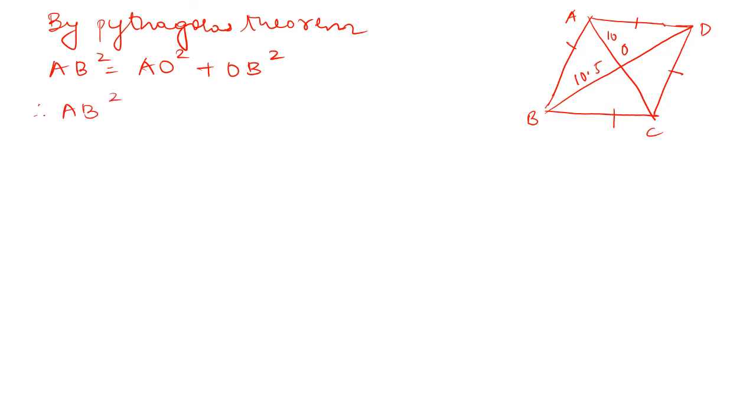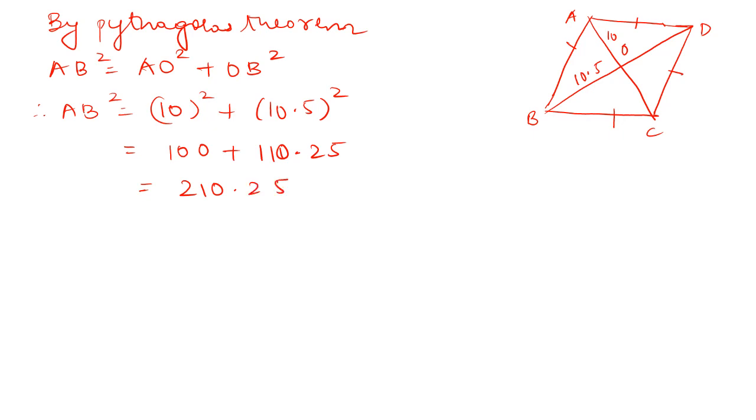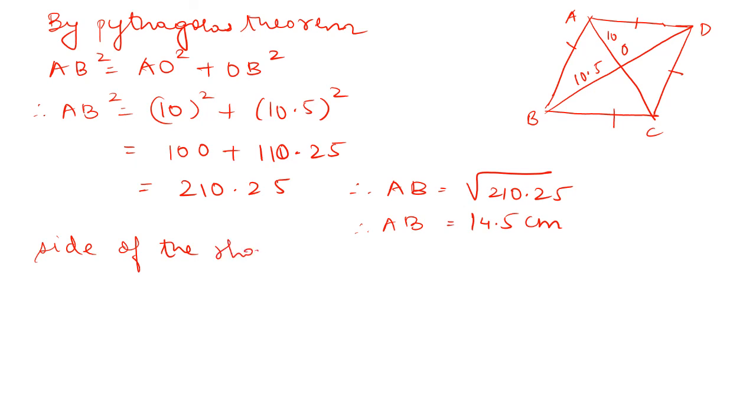Therefore AB square is equal to 10 square plus 10.5 square, which is equal to 100 plus 110.25, which is equal to 210.25. Therefore AB is equal to root of 210.25, which gives us AB is equal to 14.5 centimeters. So we have got the side of the rhombus as 14.5 centimeters, that is AB.